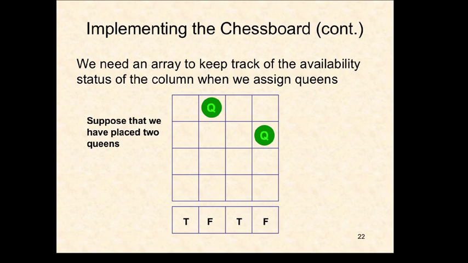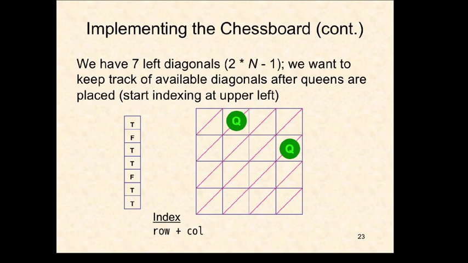So this is an example where we would say columns 0 and 2 are available, columns 1 and 3 are not available. Then with the diagonals, we're going to start indexing at the upper left diagonal.